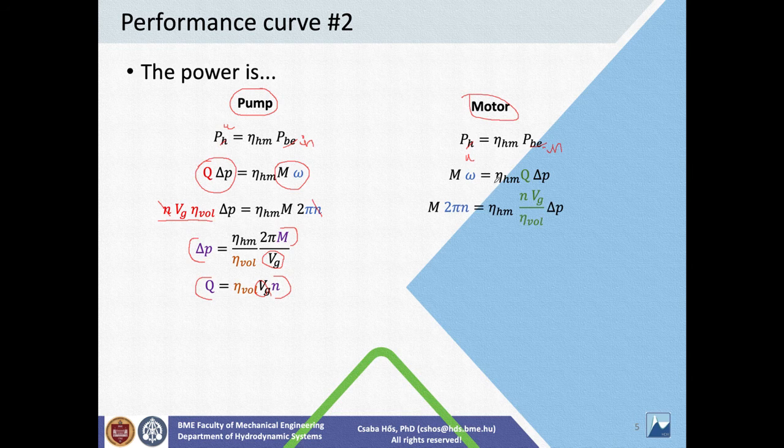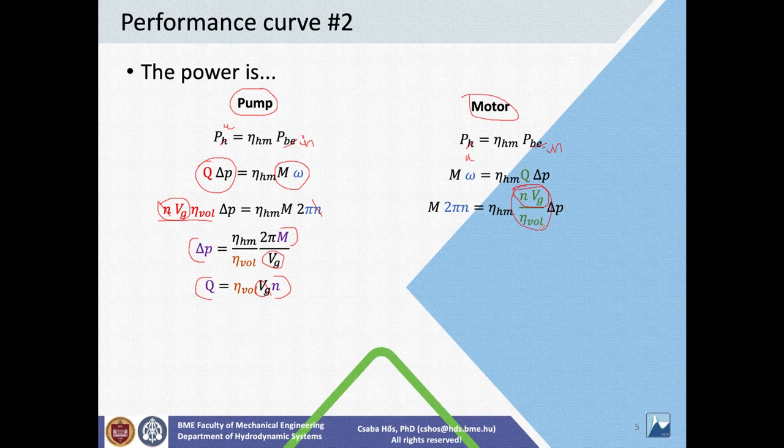Okay, and then again, omega is 2 pi n, and there is something tricky here. So n times Vg, revolution number times displacement, is the theoretical power, but look at this. Here I've divided by the volumetric efficiency.